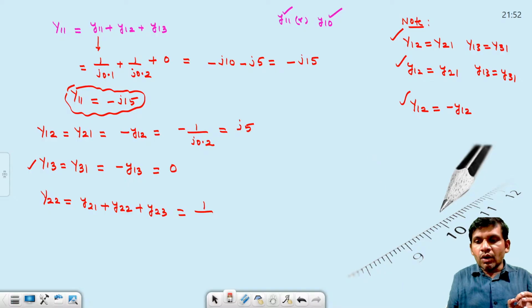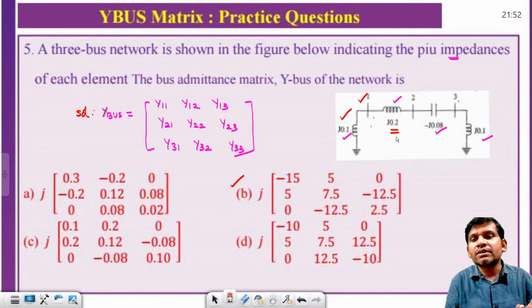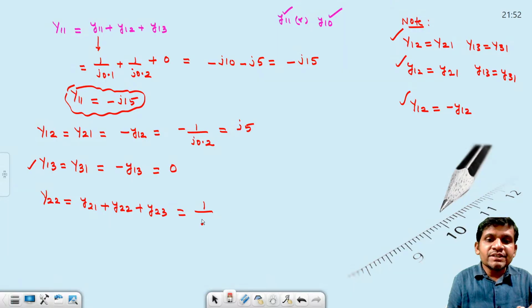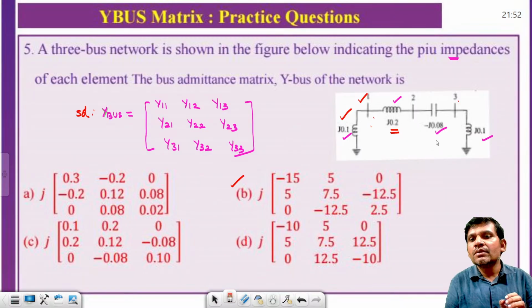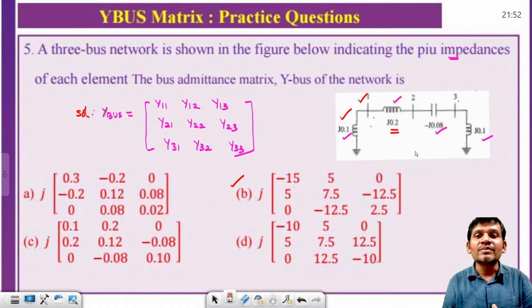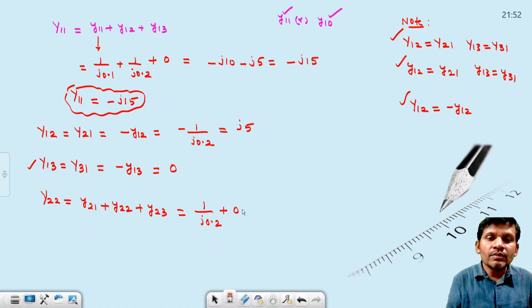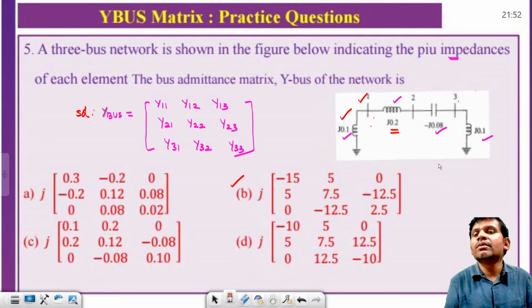Okay, now actually what do we calculate for the bus admittance matrix? Capital letters. This Y21, students, what is Y21? Between 2 and 1, J0.2, 1 by J0.2. Next Y22, only 2 is connected. This Y22 is only the element that is the shunt element. Is there any shunt element here? No. That is 0 plus, what is Y23, students?